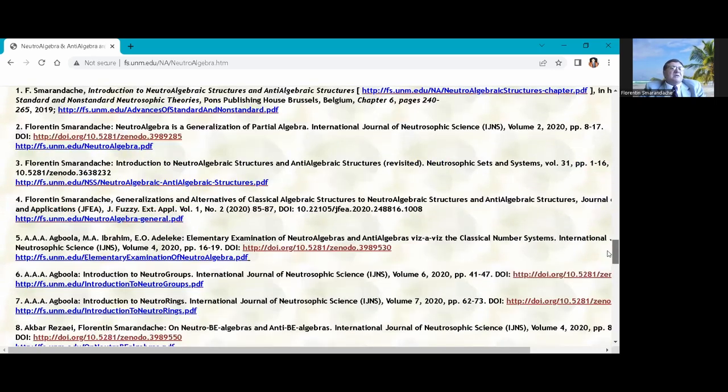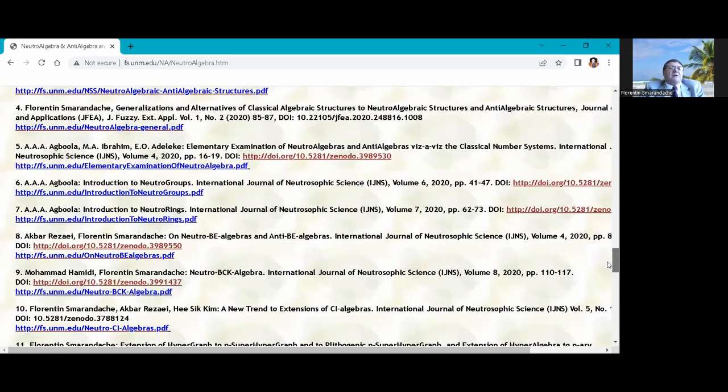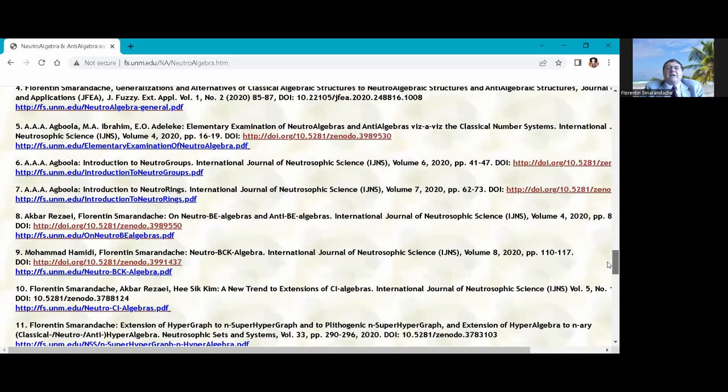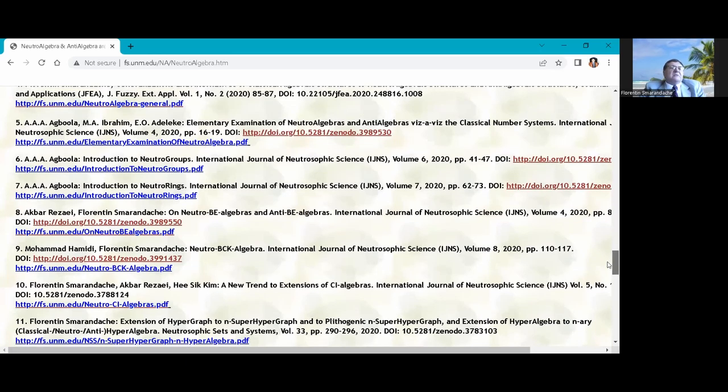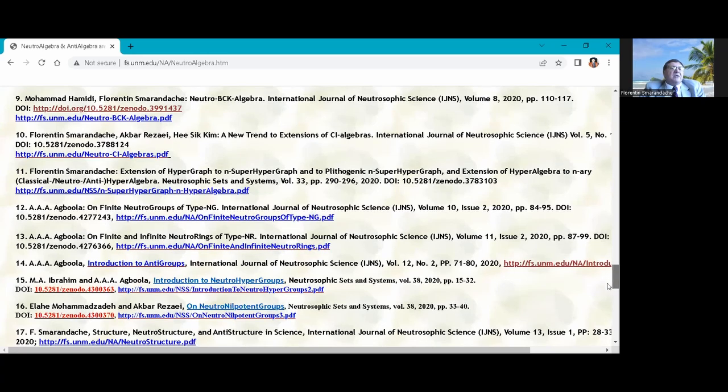And here there are many papers written about neutrosophic algebra and anti-algebra from scientists around the world. For example, Professor Ahmed Abdullah, and then Ibrahim and Adelik, and then again Professor Akbar Rezai, Professor Muhammad Amidi, besides the paper written by me.